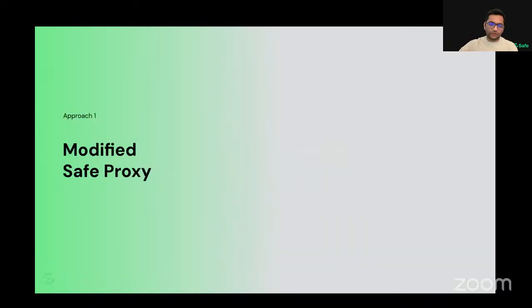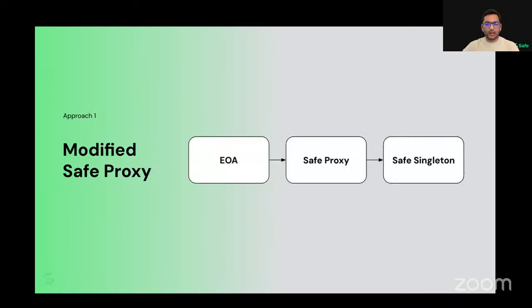Yeah, so approach one, the modified Safe proxy contract. In this approach, the EOA signs a message which would set the authorization, that is the code, to a Safe proxy. The address of the Safe proxy will be dependent on the initializer data, and we will further discuss what the initializer data is and how it will look like.